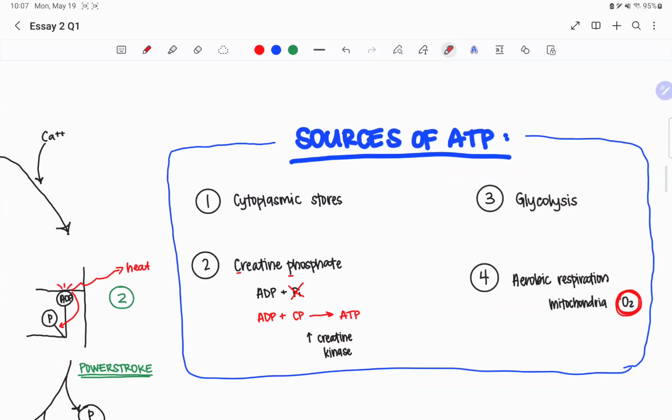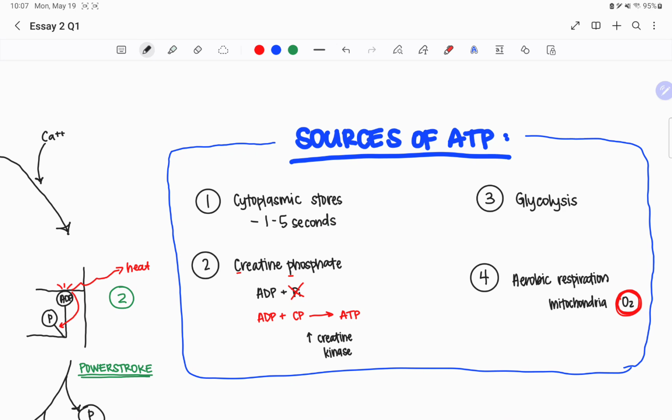Okay, so I want to talk about some sources of ATP here that our bodies use, or that we use, I guess I should say. So first of all, we have our cytoplasmic stores. So this is just ATP floating around inside of our cells, right? So there's not a lot of it, so we only get about 1 to 5 seconds of use out of our cytoplasmic stores.